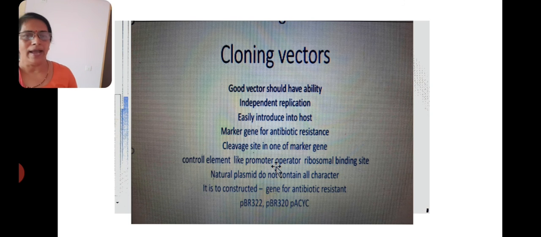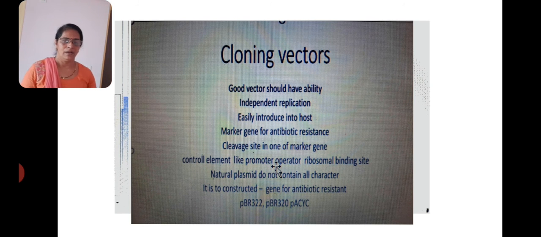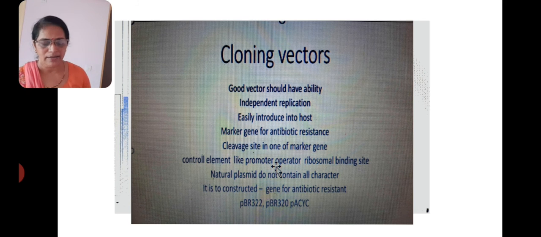So it should have control elements like a promoter, operator, as well as the ribosomal binding site. The natural plasmid does not have all such abilities, so it should be constructed. There are different types of plasmid like pBR322.